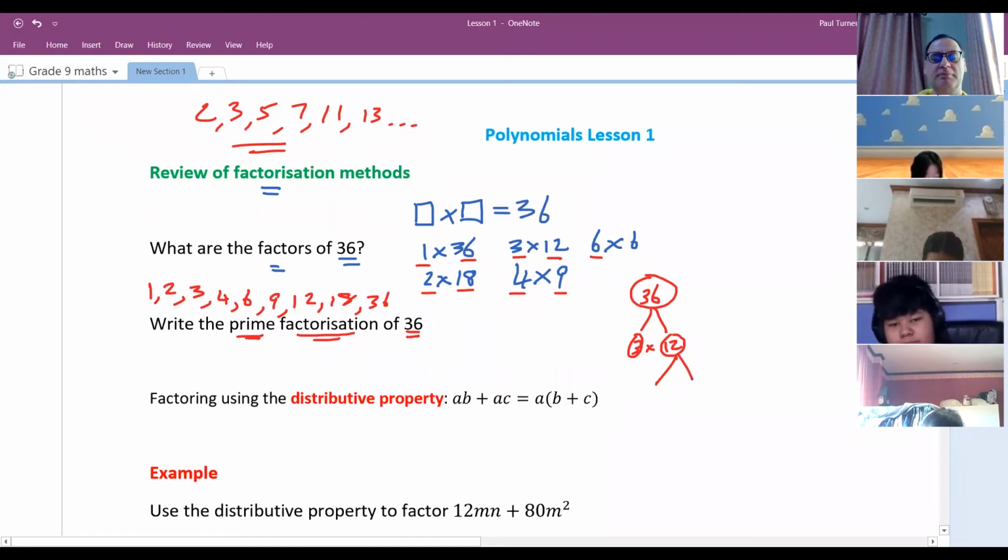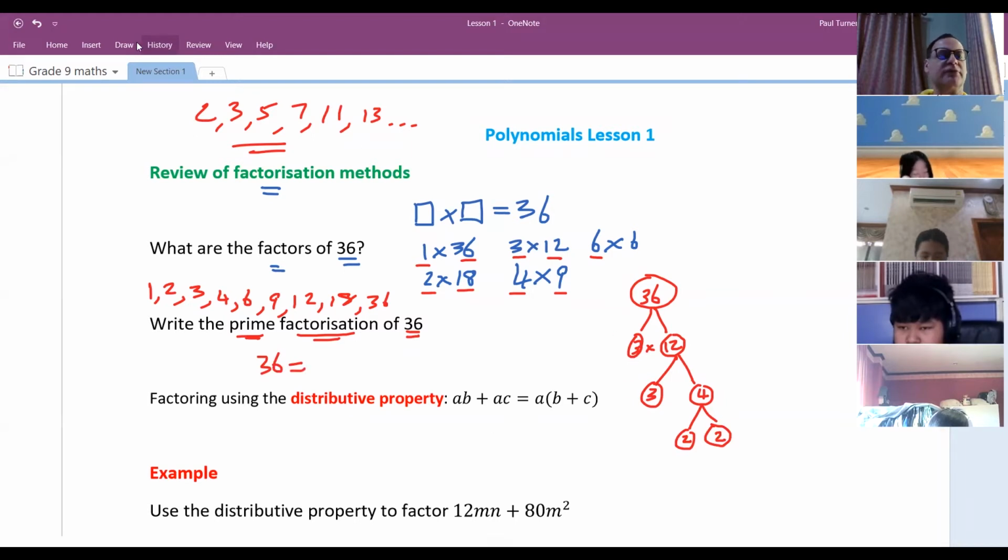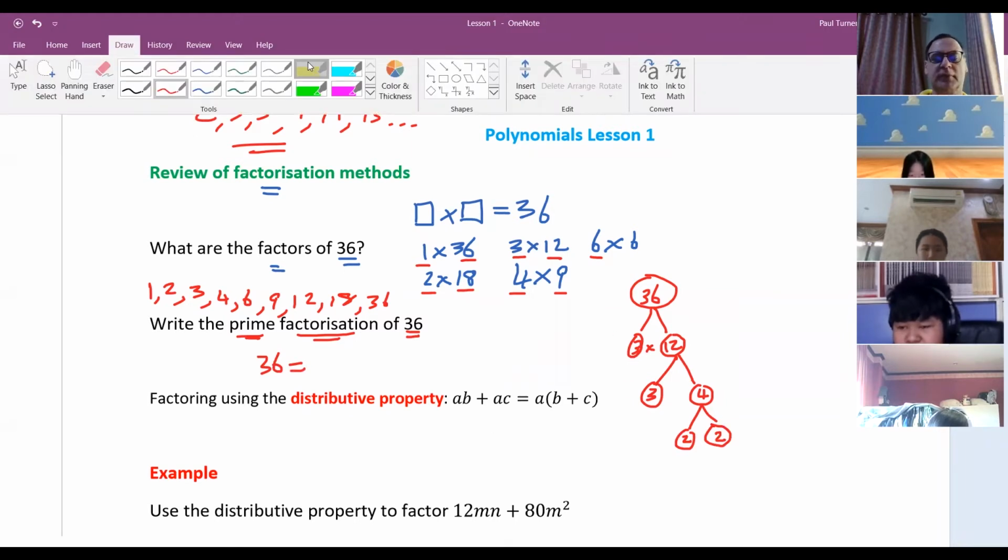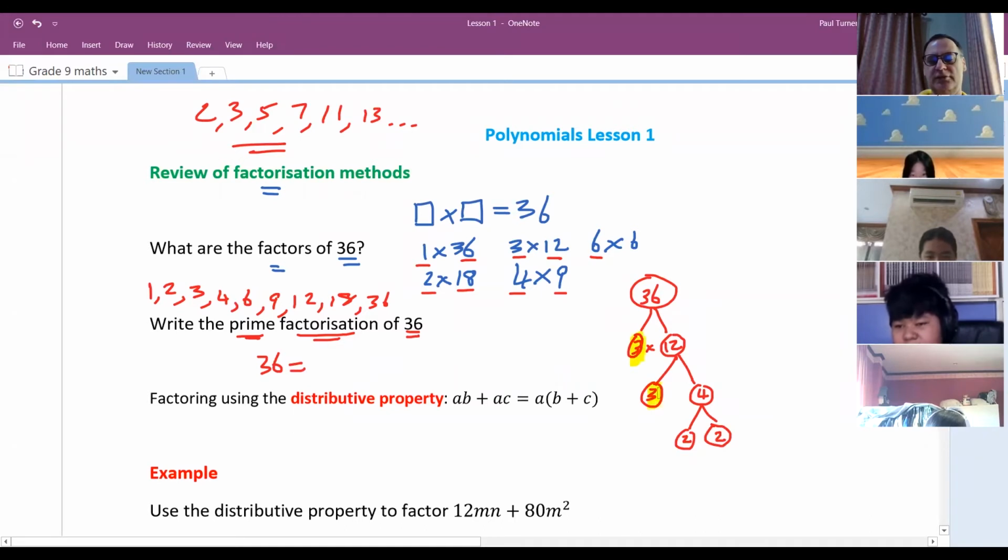12 is not prime because 3 times 4 is 12. And then we break down 4 again to 2 by 2. Okay, so we can see that 36 is the product of these numbers here, which are 3, 3, then 4 is broken down into 2 and 2.